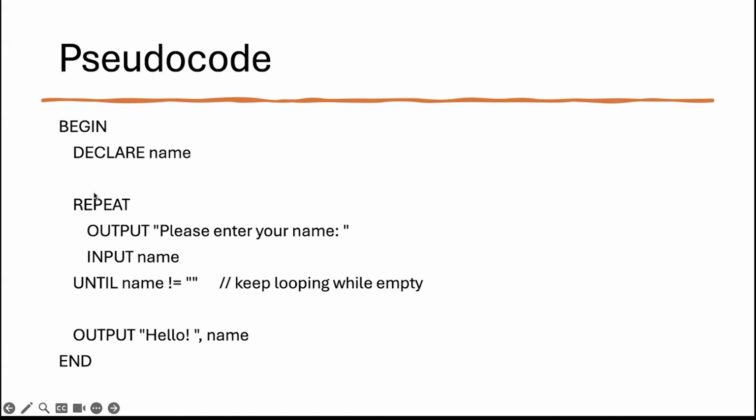Then we repeat this: please enter your name, and wait for the user to input the name. We repeat this until name is not empty. The double quotes here mean empty, so if the user enters something, we're not going to repeat anymore. And we're going to just output hello name and end the program.